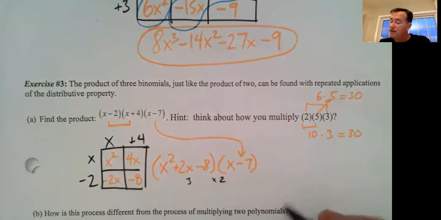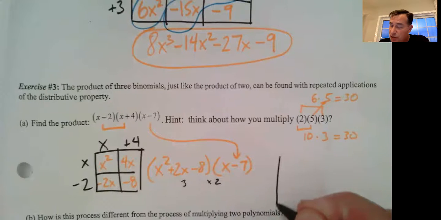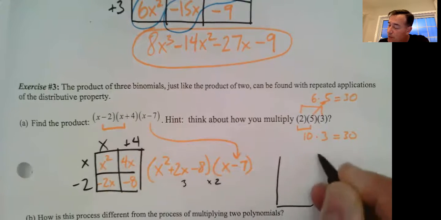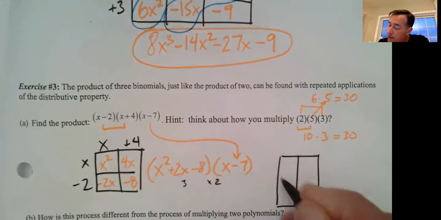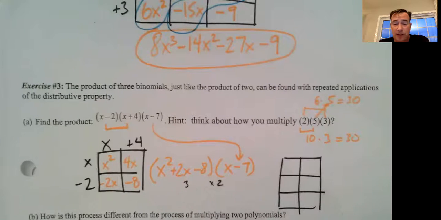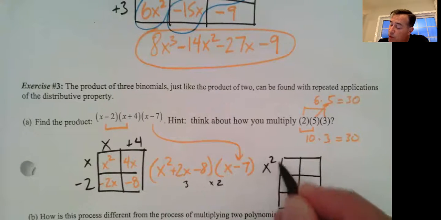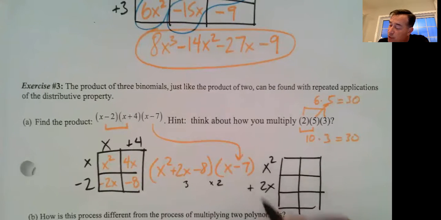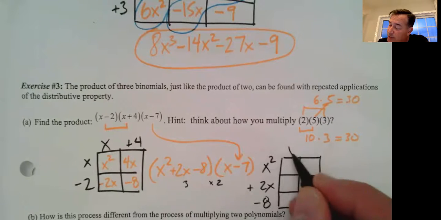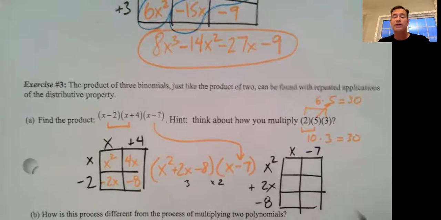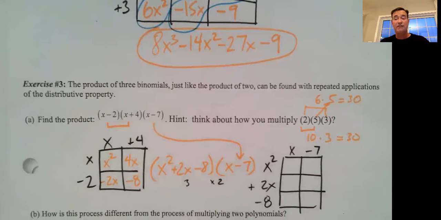So I'll try to do this in a way that's not going to be too out of bounds for the amount of space we're taking up. 3 by 2 looks a little bit more like this. So if I do x squared, plus 2x and minus 8 on this side, and I do x minus 7 here, the organization is going to look a little bit different, but at the end of it, you're still going to have the same kind of work that we had.